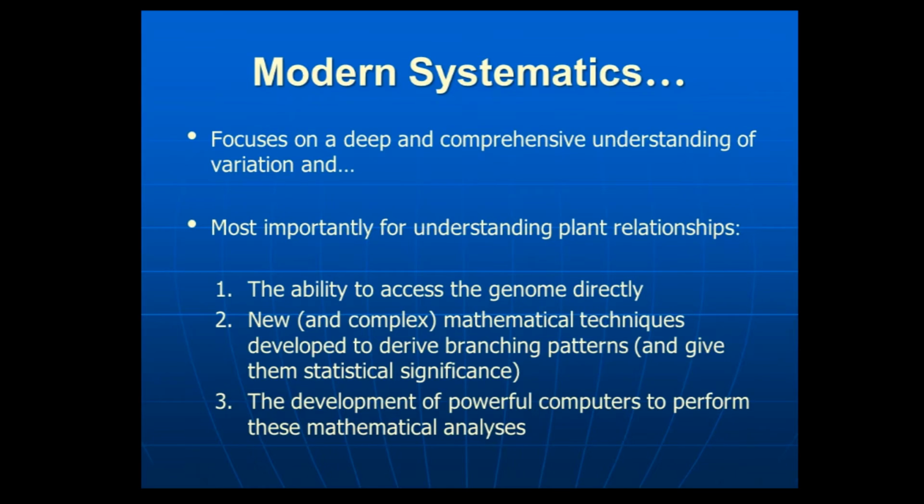But now we've actually developed powerful computers that can perform these mathematical analyses. So we can actually derive branching patterns that give us an insight into relationships, ancestor-descendant relationships in the past.